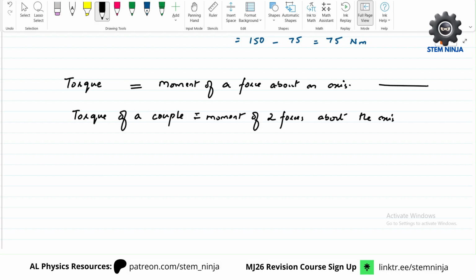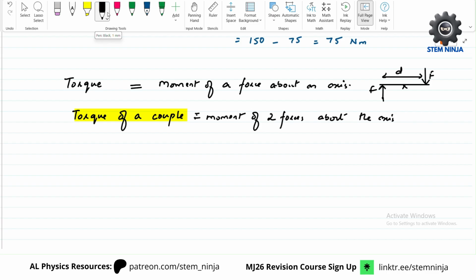We have two forces acting in opposite directions separated by some distance. So this is the couple. The moment of two forces about the axis, and the axis can be the middle, basically. But instead of saying moment of a couple, we say torque of a couple.